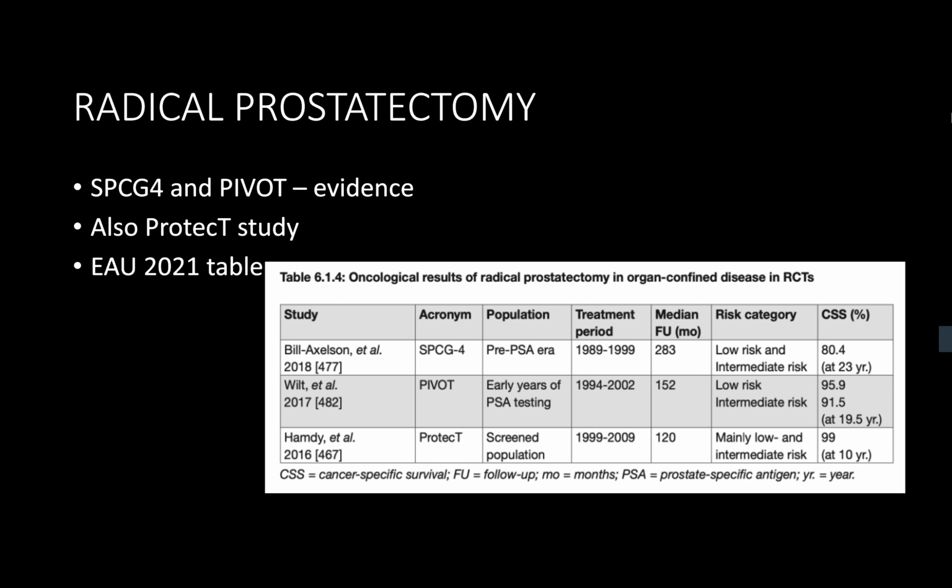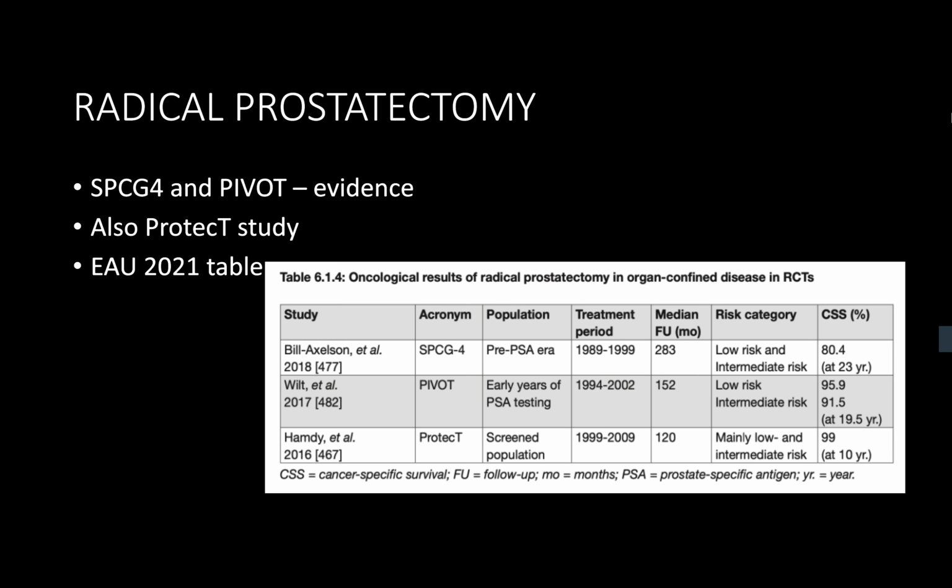If you look into the studies, the SPCG study included low risk and intermediate risk populations, and it showed radical prostatectomy cancer specific survival up to 80.4% at 23 years. It's a little bit old study, between 1989 and 1999, but you can show the latest studies like the PIVOT study and PROTECT study.